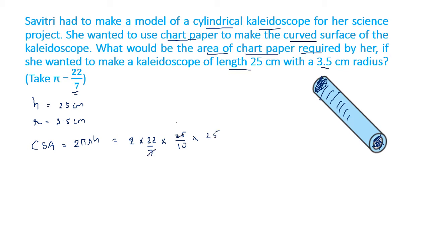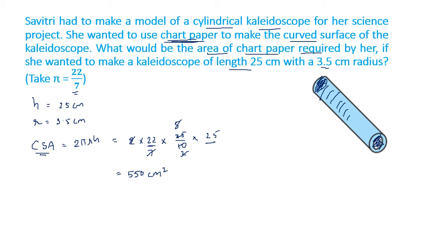7 ones are 7, 5 fives are 25, 2 twos are 4, and the 2s get cut. So 25 into 22 is 550 centimeter square. So the curved surface area, or the total area of the chart paper used for the kaleidoscope, is 550 centimeter square.